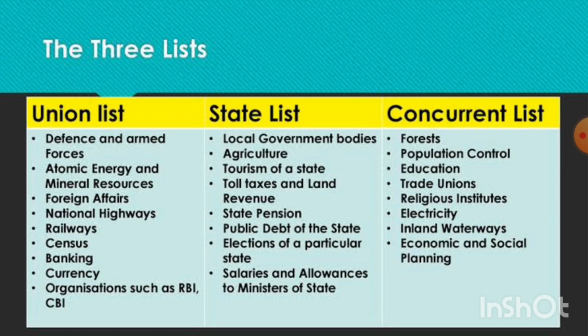Next, the powers that are shared between center and state come under the concurrent list, which includes education, forest, trade union, marriage, adoption and succession, etc. Both the center and state governments can make laws regarding these subjects, and if these laws conflict, the union government's law will prevail.